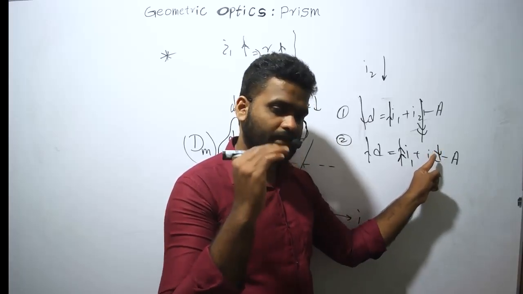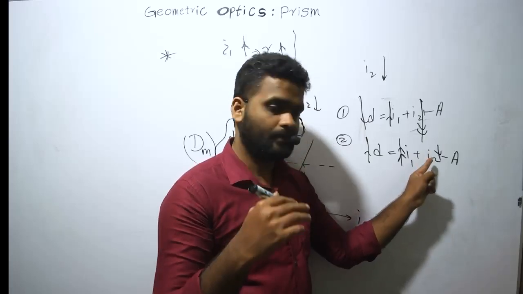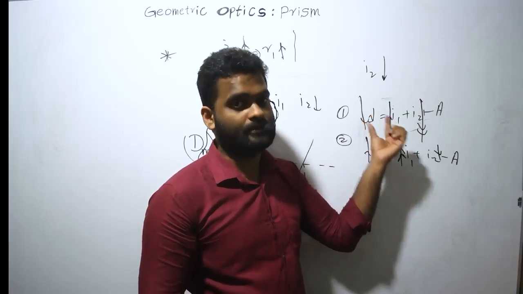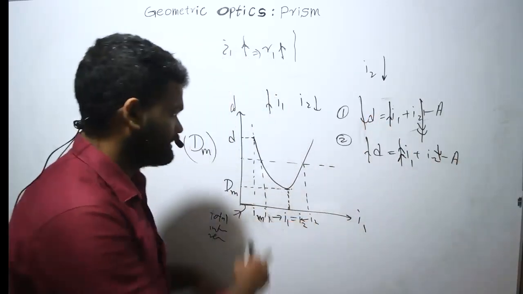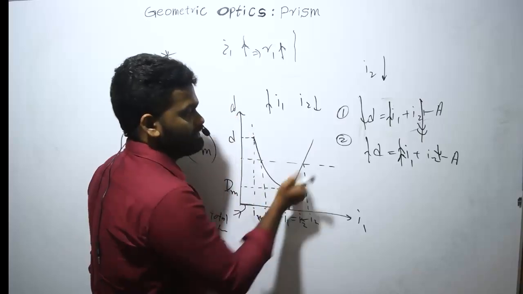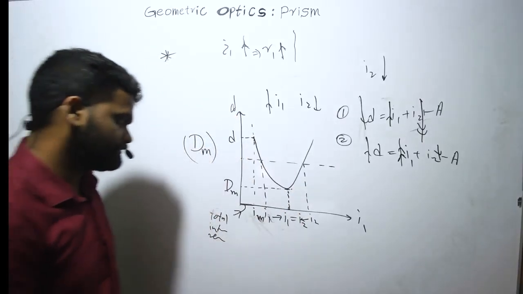So it is 4, a plus 4 value, right? So this whole thing increases. So D also increases, minus A. That's why after the minimum deviation, simple D increases, right? Simple D increases.